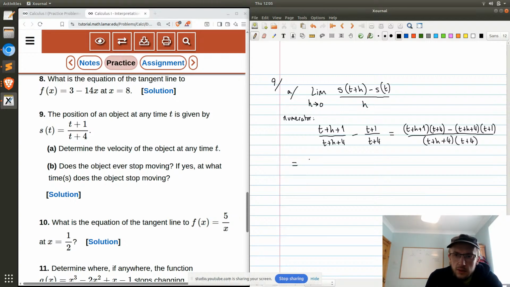So you can expand all that out. So we'll end up with t squared plus 4t plus th plus 4h plus t plus 4. Take t squared, take t squared, take t. Take t squared, take t. Take th, take h. Take 4t, take 4.